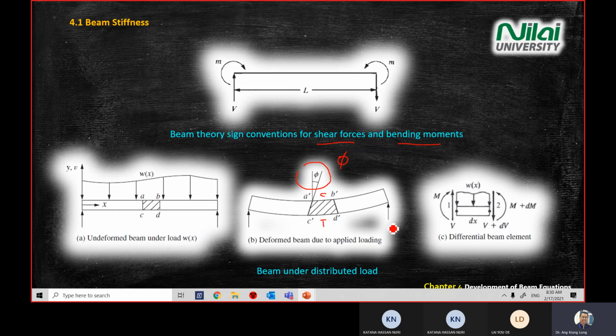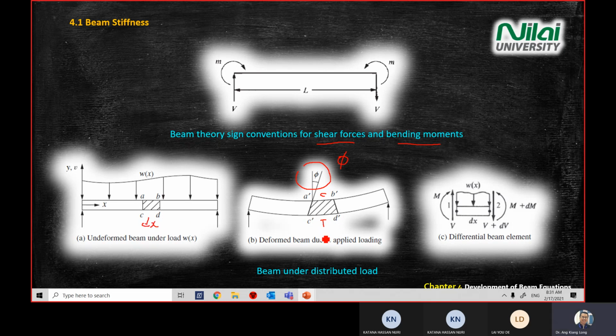And then the third diagram, below on the screen here: if you look at element ABCD, we can draw it as a free body diagram here. CD is dx, right?